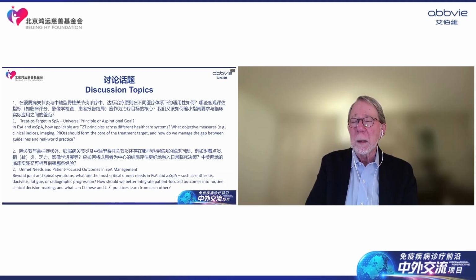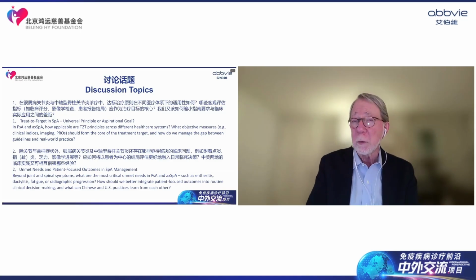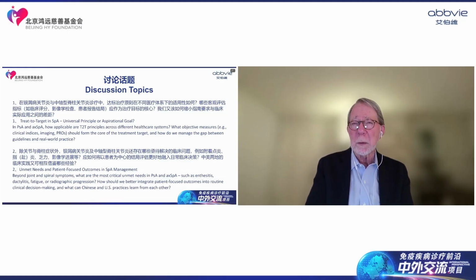We saw a signal for improvement in the guselkumab phase 3 studies in patients that were considered to have axial PsA by their investigator and had imaging changes of the sacroiliac joints felt to be consistent with sacroiliitis. So it was an interesting group of patients that showed improvement with guselkumab in their symptoms.